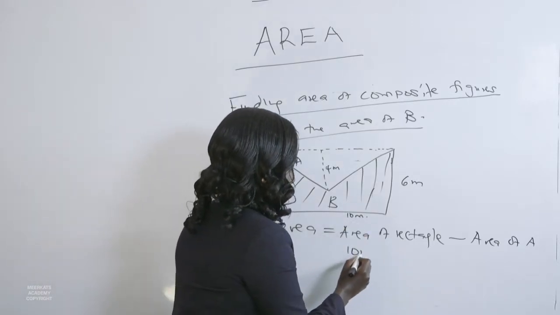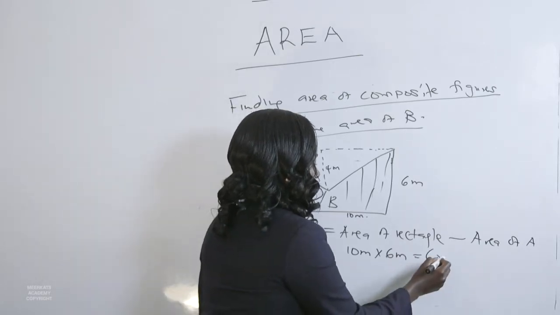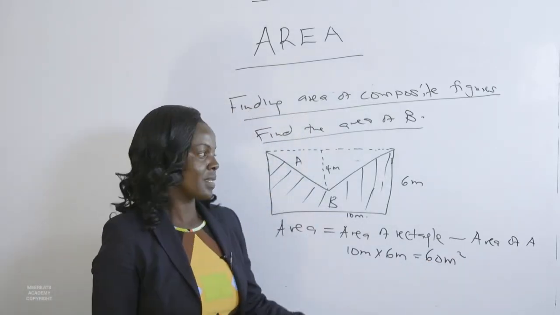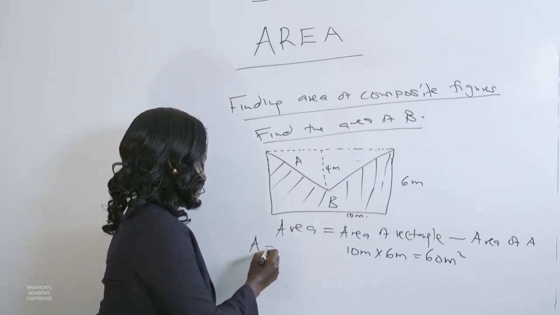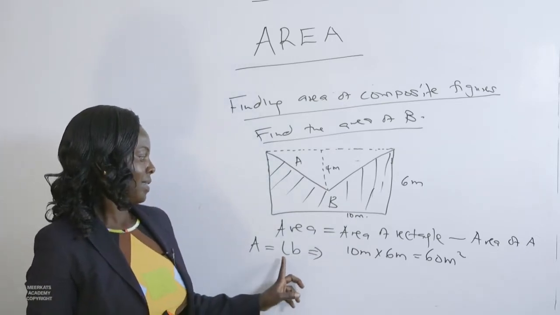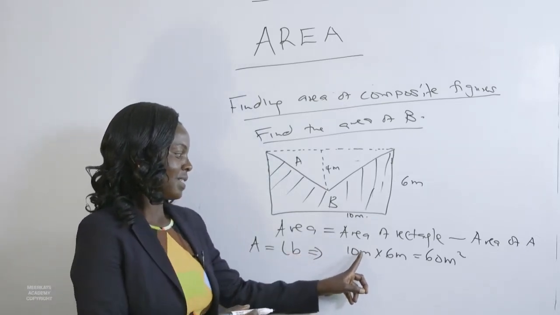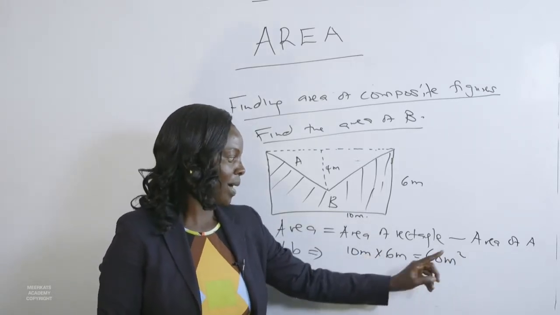It is given. It is substituting in the formula. Length times base will give us 10 meters times 6 meters, which will be 60 square meters.